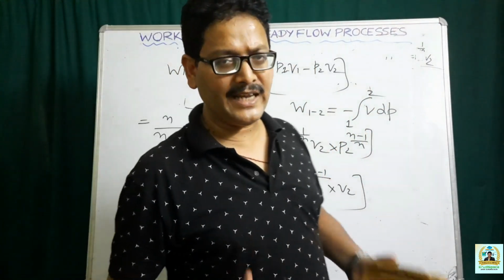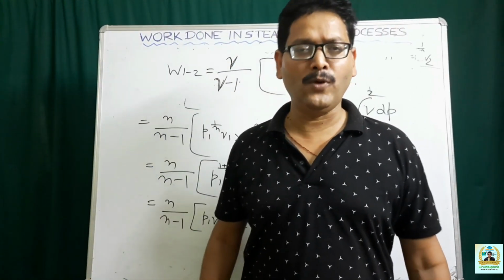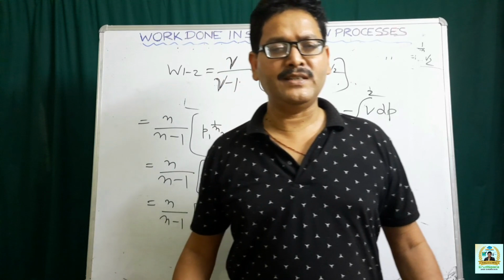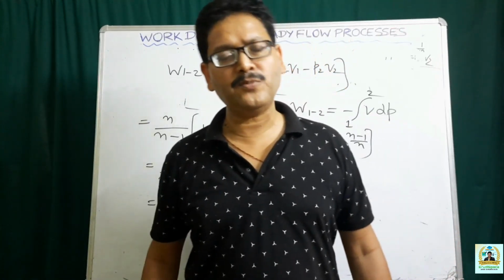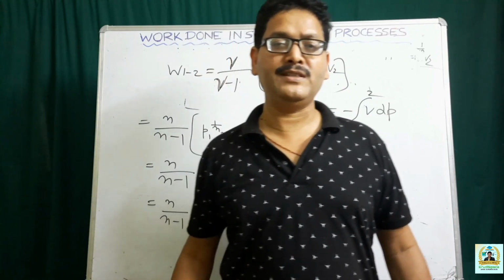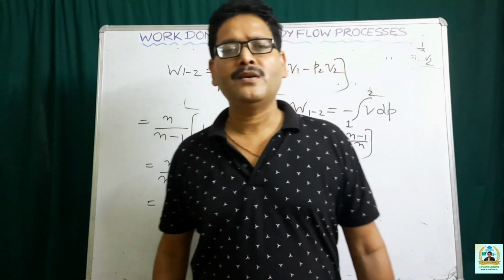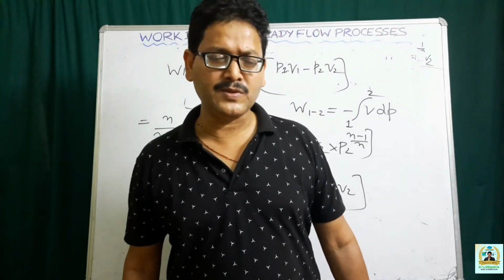Then we have derived the expression for work done in a flow process when it is a constant volume process, a constant pressure process, a hyperbolic process, a polytropic process, and then for reversible adiabatic or isentropic process.